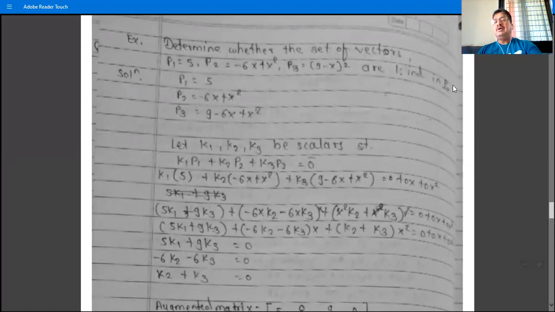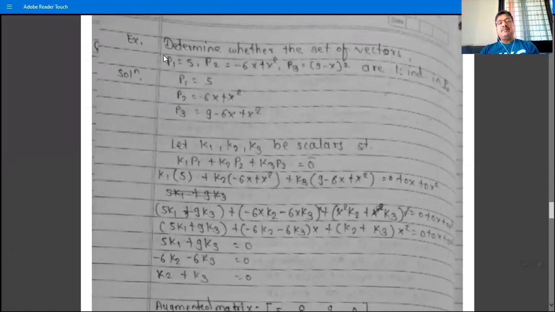What is this P2? P2 is the vector space of all polynomials of degree less than or equal to 2 with real entries in x. So these p1, p2, p3 are elements of P2, because all of them are polynomials of degree 2 or less.